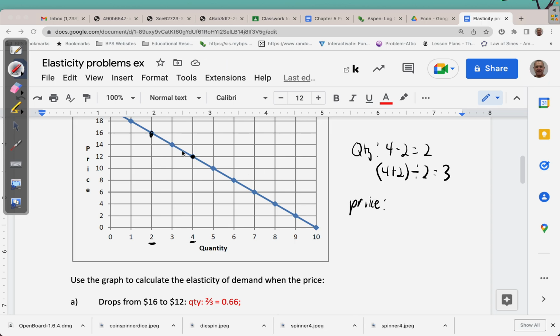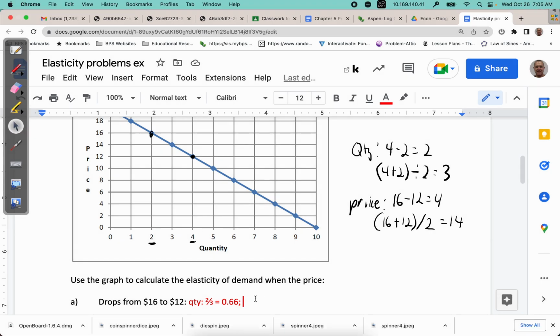The price is changing from 16 to 12. 16 minus 12 is 4. The average of 16 and 12, 16 plus 12 divided by 2, that's 14. Price percent change is 4 divided by 14, and that's 0.28.